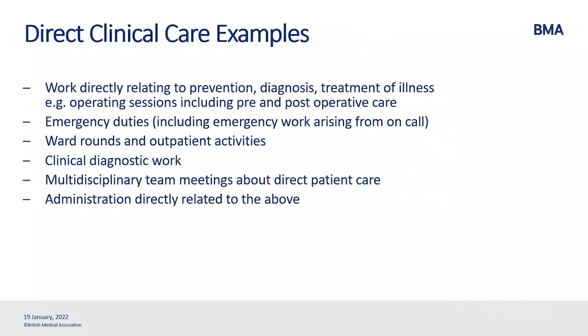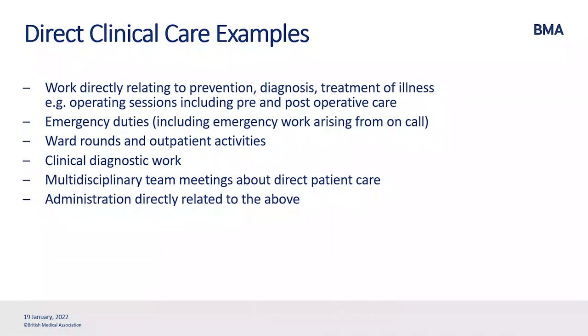We're now going to look at examples of each of the categories of programmed activity that may appear in your job plan. Direct clinical care will usually encompass the majority of your activities, typically 7.5 to 8.5 PAs in a standard 10 PA job plan. It covers any work directly related to prevention, diagnosis and treatment of illness, and also includes emergency work arising from on-call.